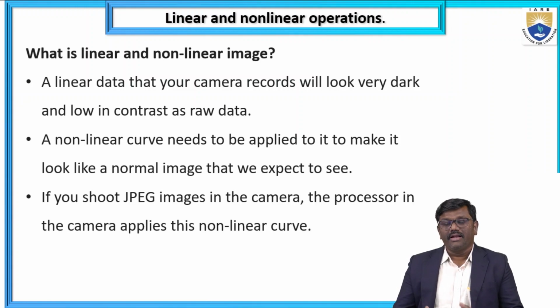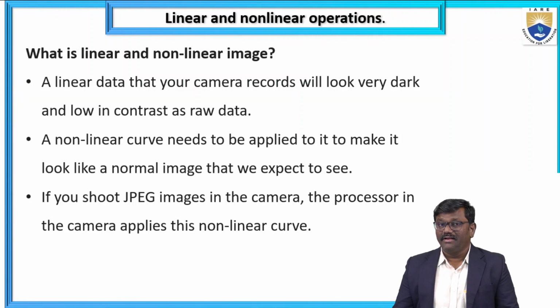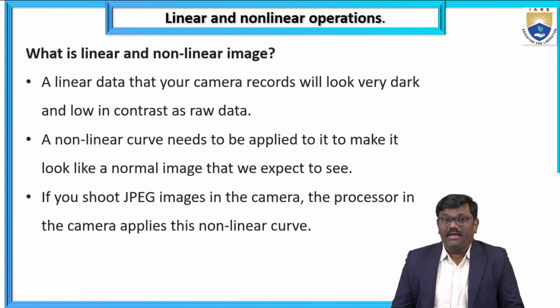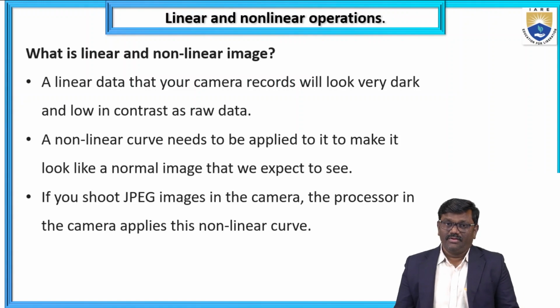Now we can define, in the aspect of digital image processing, what linear and non-linear image mean. We are concentrating on images, so by seeing an image, how can we say it is a linear or a non-linear image?